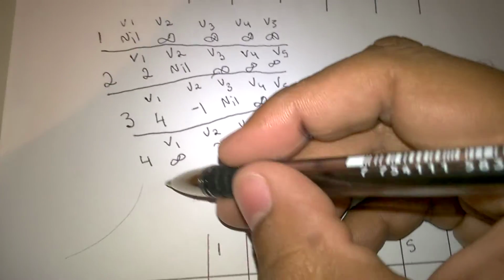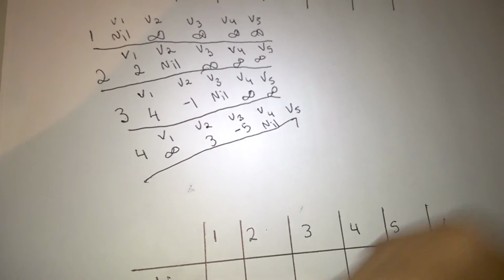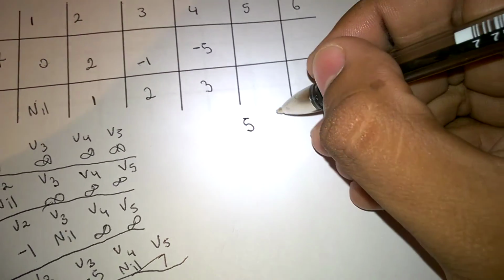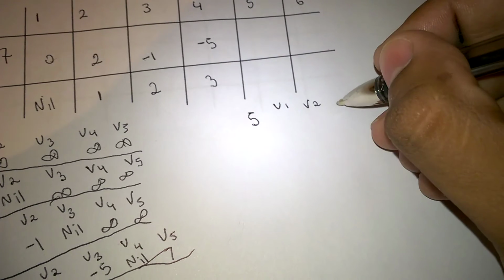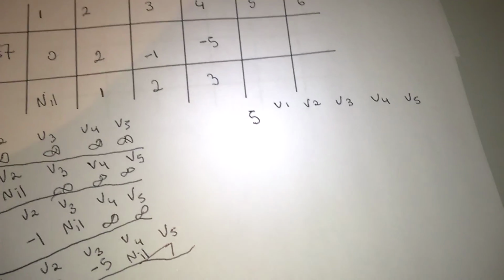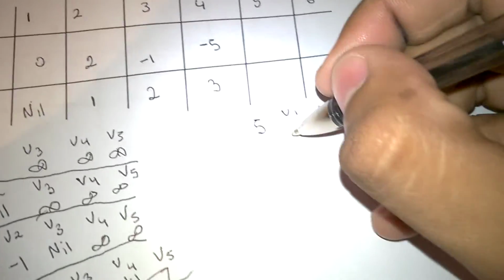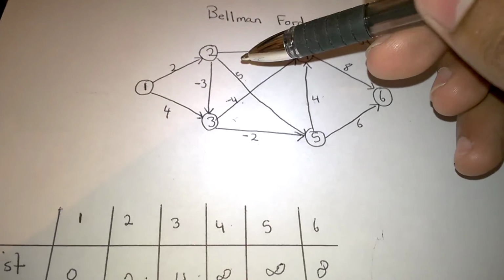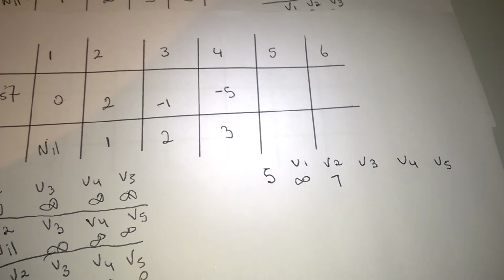Now we're going to do 5. Alright, we'll do it on the side. So v1, v2, right? Could we reach 5 from v1? No, we can't, so infinity. Could we reach 5 from v2? Yes, the cost will be 5 here plus 2 here, 7, right?